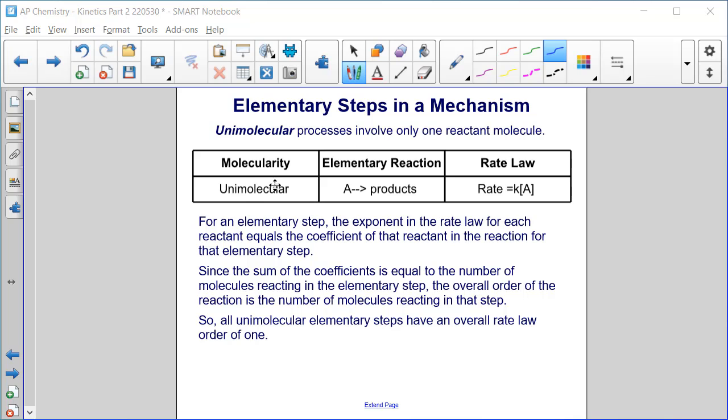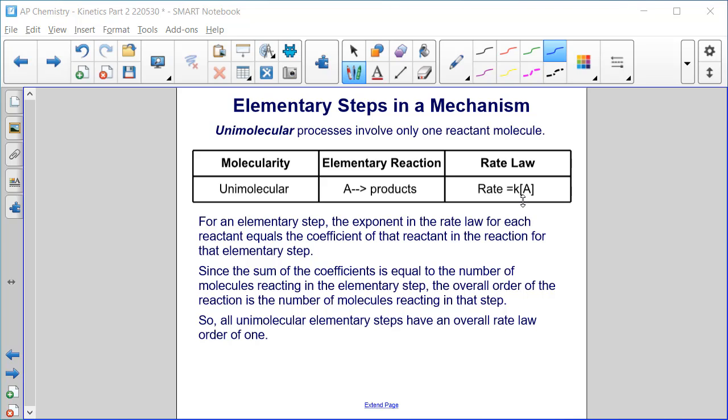So in a unimolecular process, we have an elementary reaction where some single reactant A produces products, and the rate law is just k times the concentration of A. For an elementary step, the exponent in the rate law for each reactant equals the coefficient of that reactant in the reaction for that elementary step.